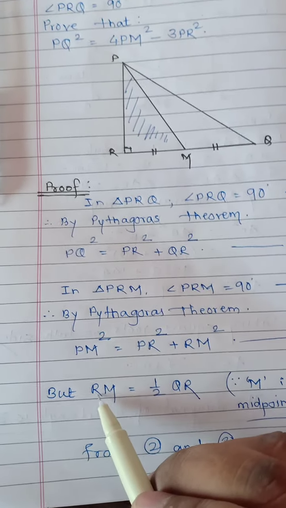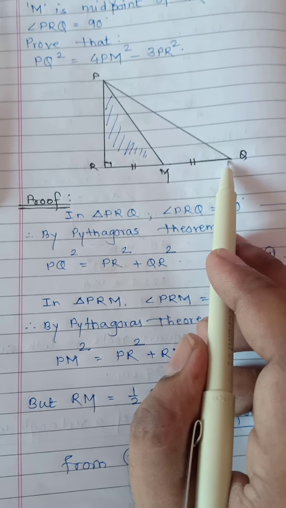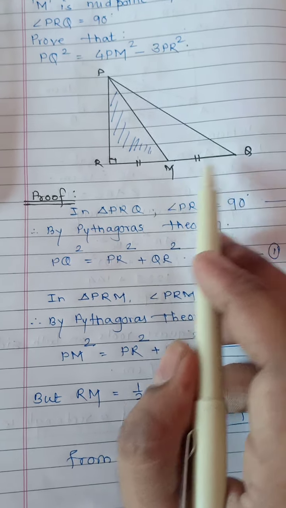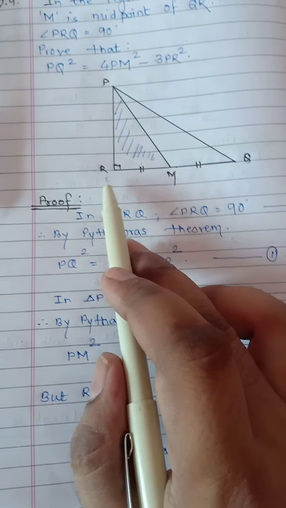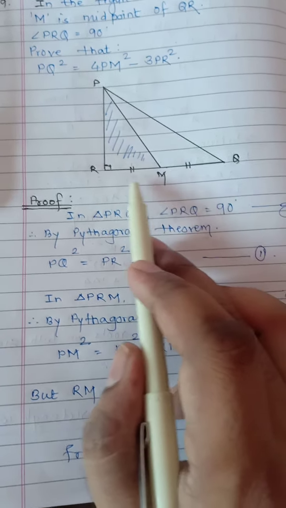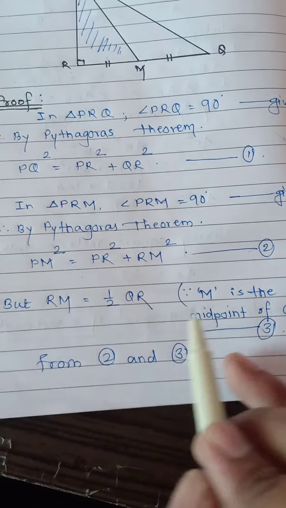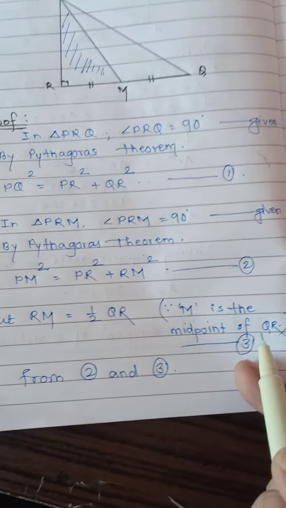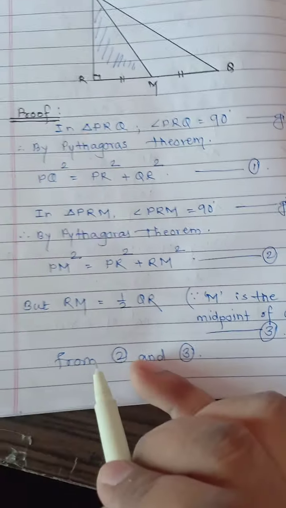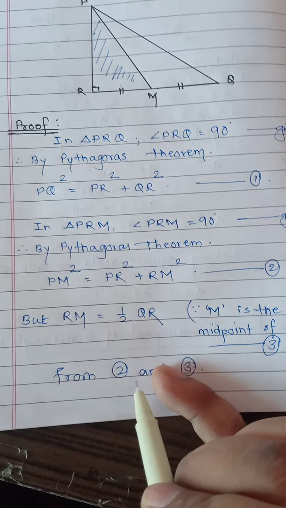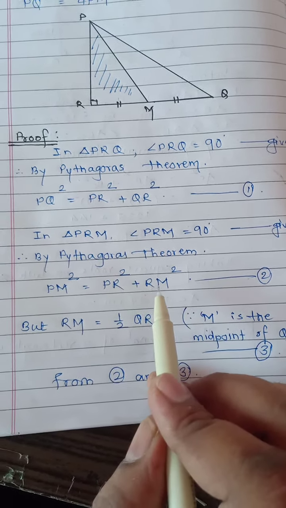But I can write this RM is half of QR. Why? Because M is the midpoint of QR. So RM will be half of QR. Let this be equation number 3. Now from 2 and 3, the value from equation 3 we have to substitute in equation 2.